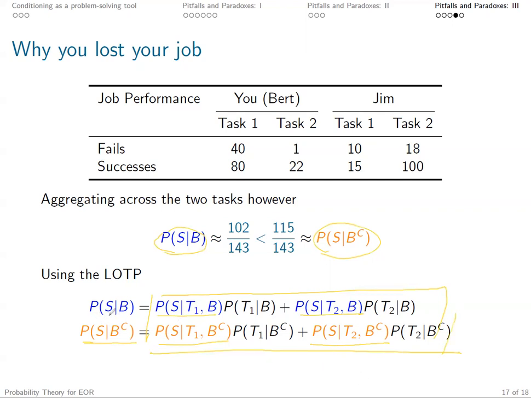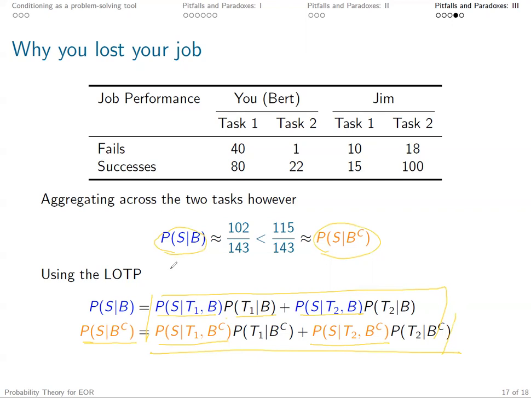So the conditional probability of S given B equals the conditional probability of S given T1 and B at the same time, times the conditional probability of T1 given B. This is the conditional probability version of the law of total probability.